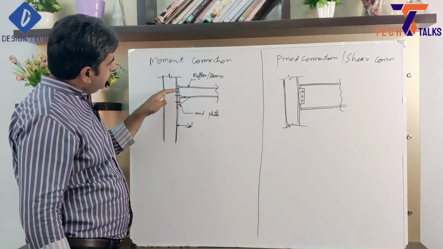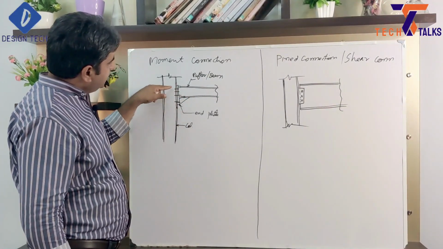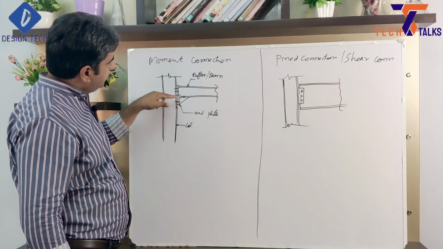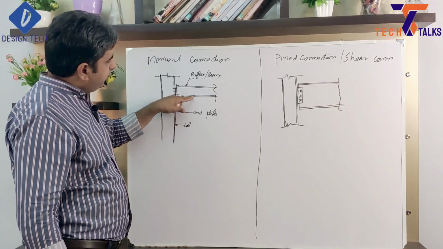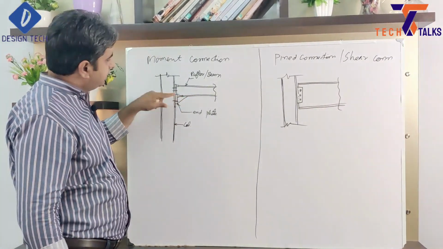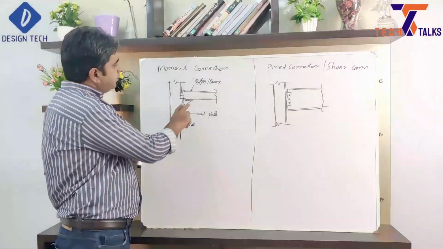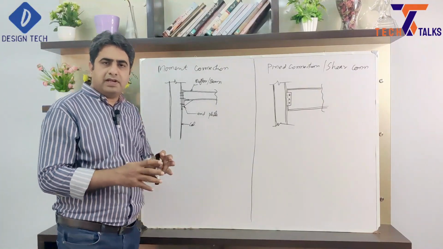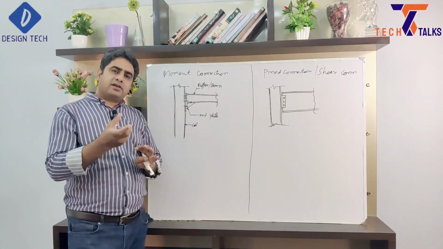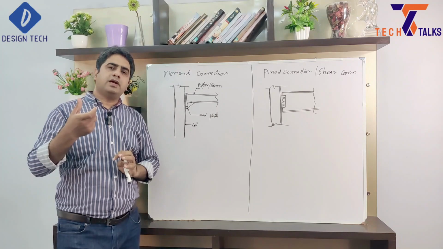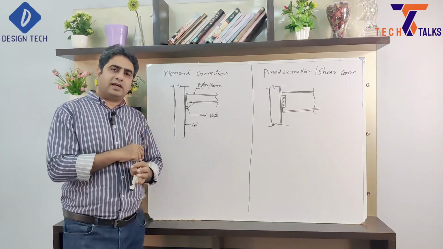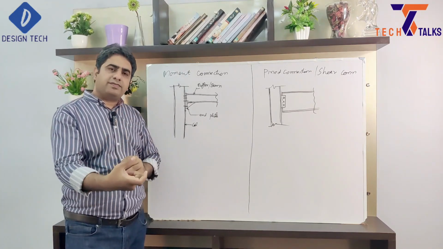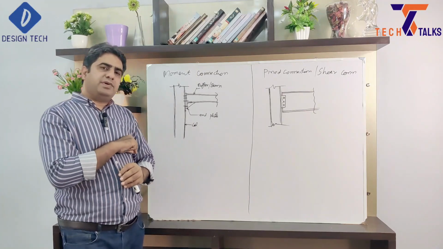In this connection you can see there is our end plate, and our flanges are directly connected with the end plates. When flanges are restricted or connected with any plate, it means it will transfer the moment from one element to another element, you can say from rafter to the column.